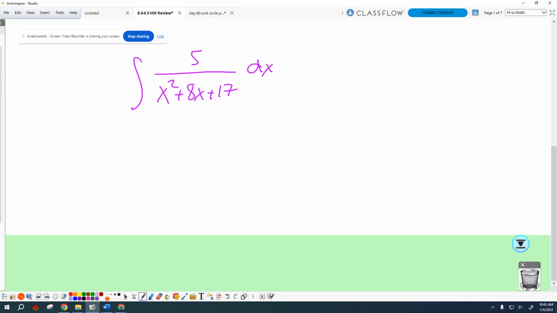Who knows? Okay, first period also suggested quadratic formula. That would be horrendous. It does not factor. So if you are resorting to quadratic formula to then try and do some kind of partial fractions with that, that is so unpleasant. Don't do that. So partial fractions doesn't work because it doesn't factor.